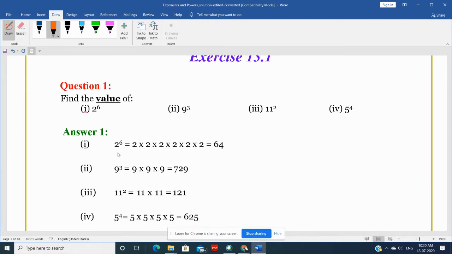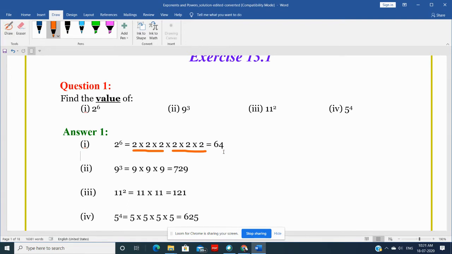Square means when you multiply the same number 2 times and then the value you get, that is your square. So it would be very helpful here. So 2 2s are 4, 2 2s are 8, and again 2 2s are 4, 2 2s are 8, means 8 8s are 64. So this is how you can understand.